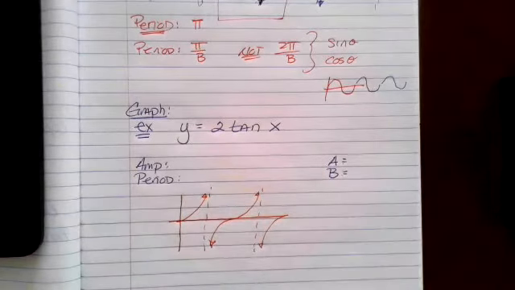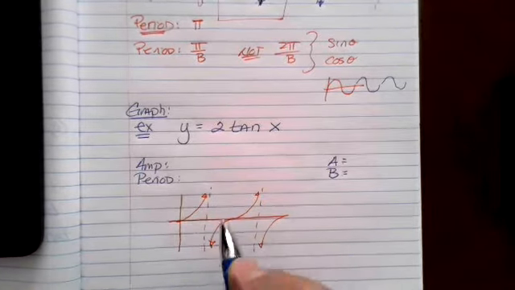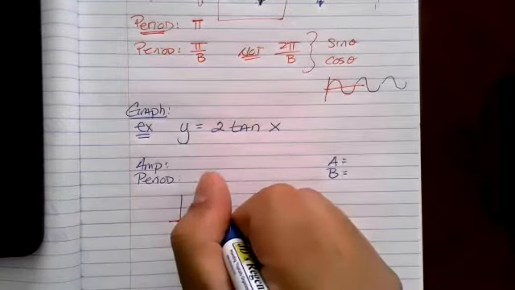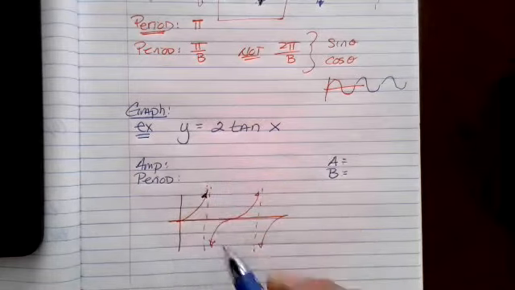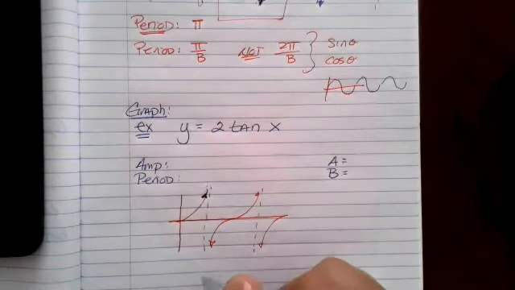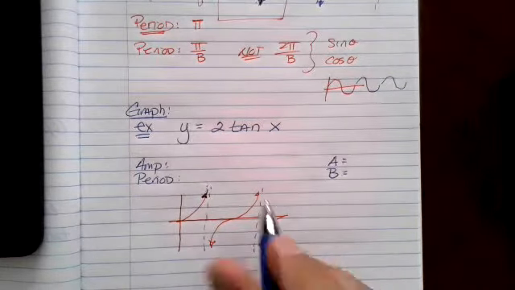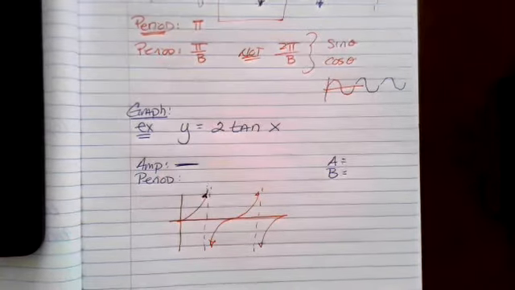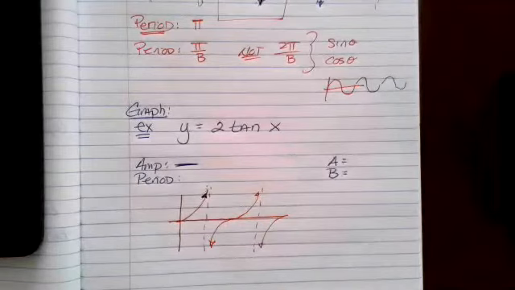That's what y equals tan x looks like. So our amplitude is how high and how low it goes. In this case, we could see this goes up to infinity, right? And it goes down to negative infinity. So there is no real amp because it goes up to infinity and down to infinity.